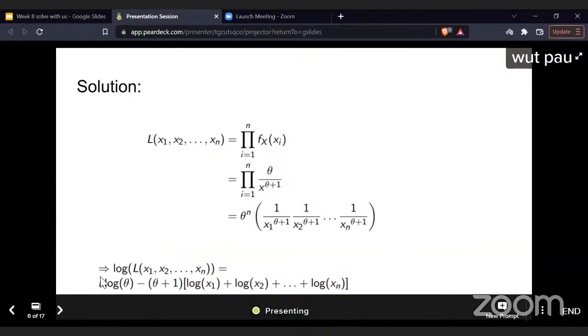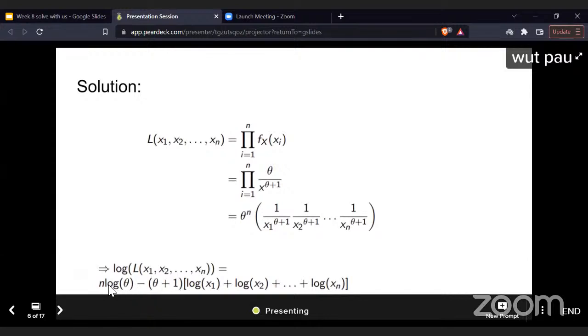For the first term, you will get n upon theta. For the second term, log of x1 plus log of x2 plus log of xn is a constant term, because it doesn't involve theta. So we can pull it out and just differentiate theta plus 1.